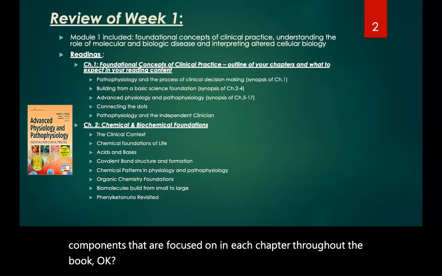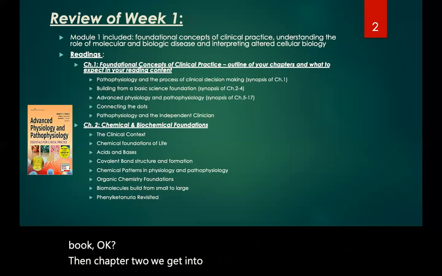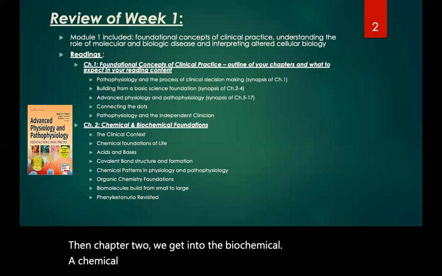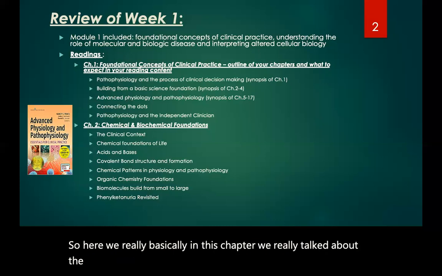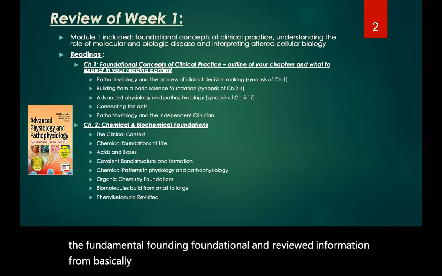Then in Chapter 2, we get into the chemical and biochemical foundations. Basically in this chapter, we talk about the fundamental, foundational and reviewed information from your undergraduate science prerequisite courses.